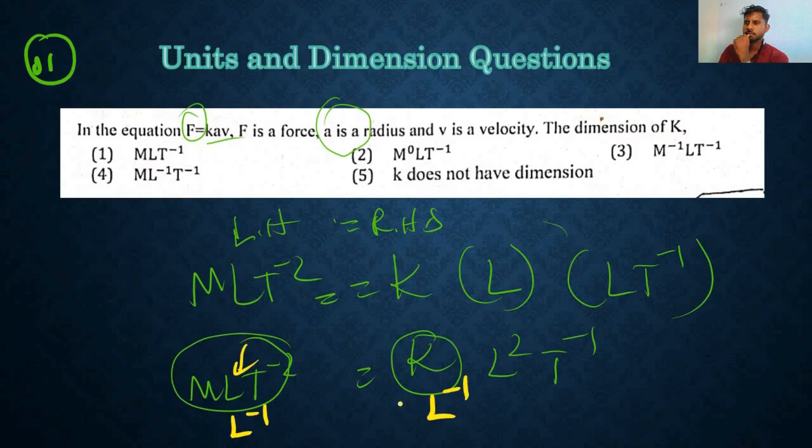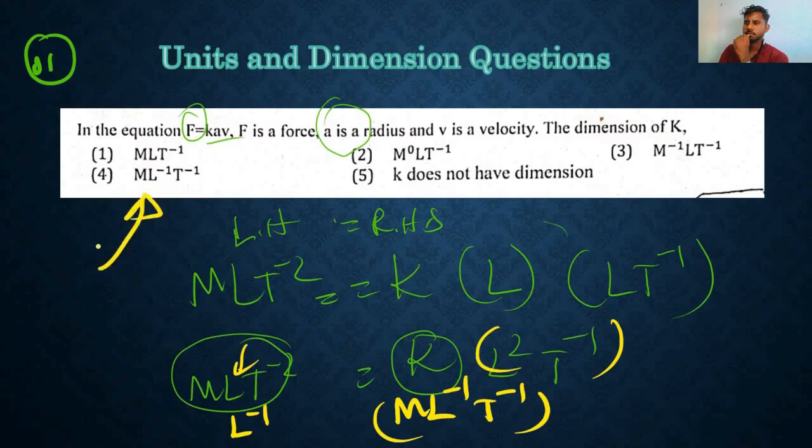And there's no M here, so we need M. And what about the time? We have T minus 1 here, but on the other side we have T minus 2, so we need another T minus 1. Once this is multiplied by this value, we get ML T minus 2. So we are looking for M L minus 1 T minus 1. That's the fourth answer.